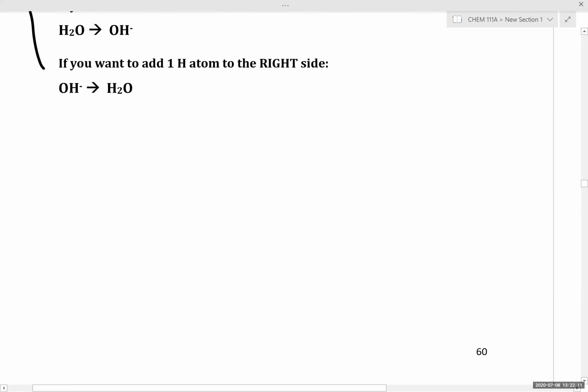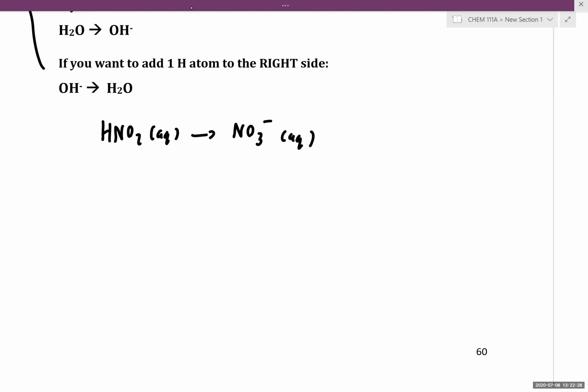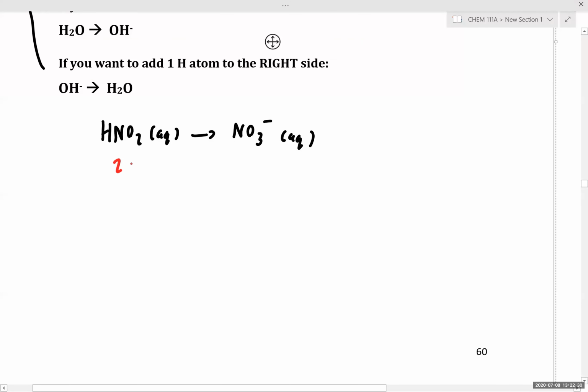So let's do an example. Suppose we're looking at our nitrous acid reaction going to nitrate. Looking at this equation, we have 2 oxygens and 1 hydrogen on the left, and 3 oxygens on the right.